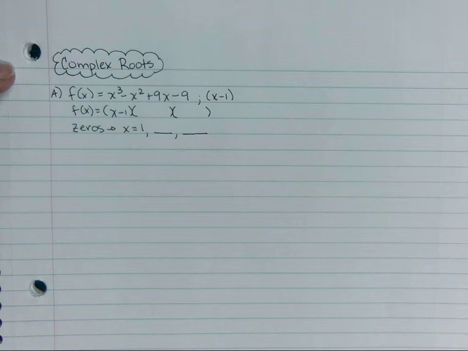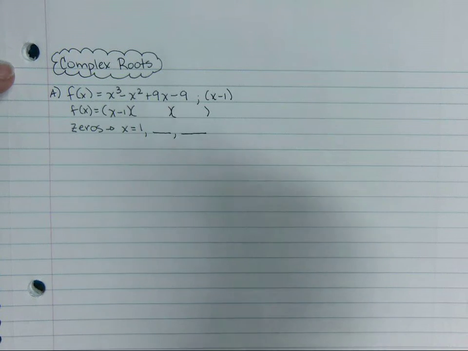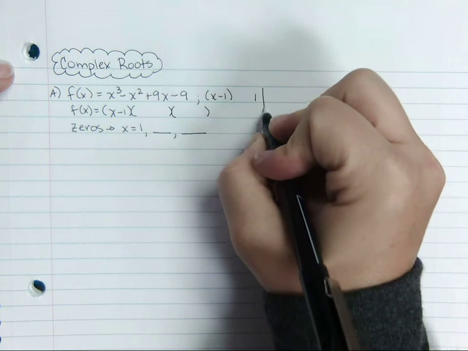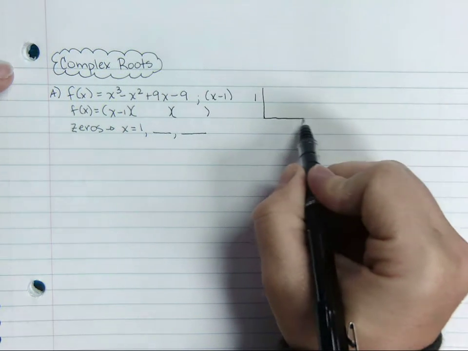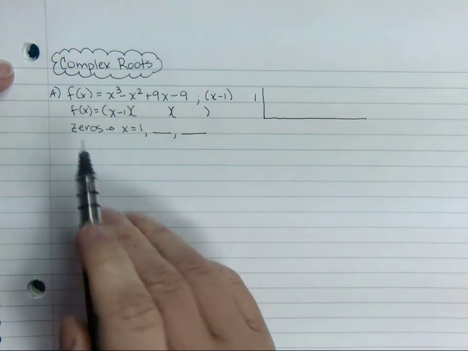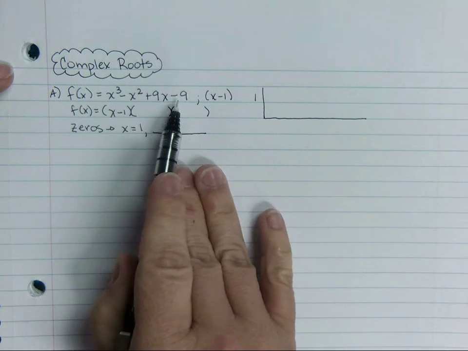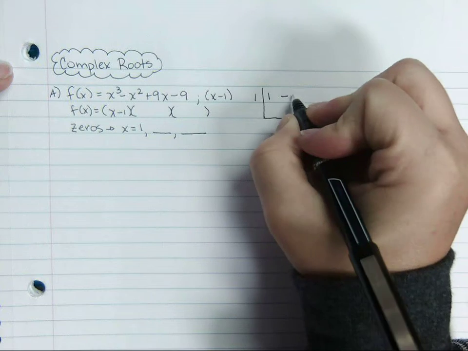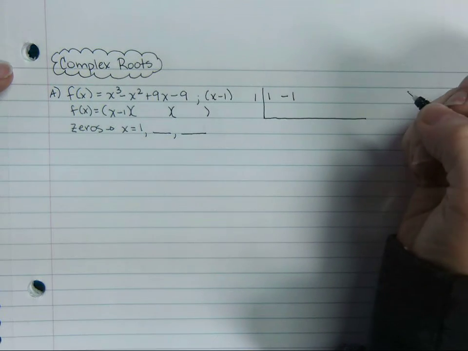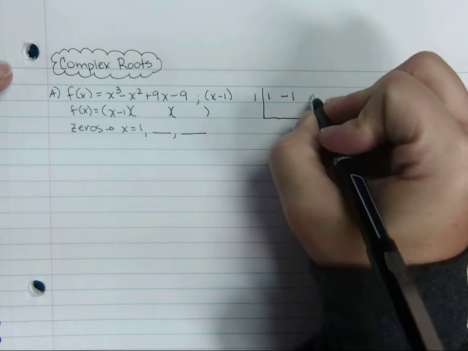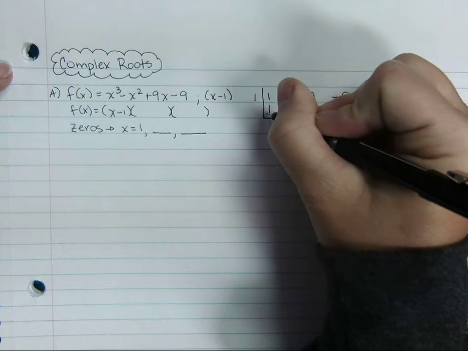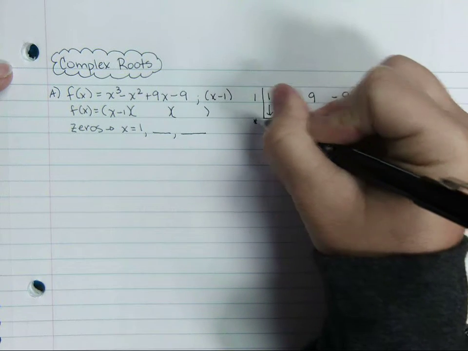So I'm going to go off to the side and set up my synthetic division using that first zero. And again, notice that your polynomial is in descending order, and I don't have any gaps. So I'm going to use my coefficients 1, -1, 9, and -9, and just start my synthetic division.